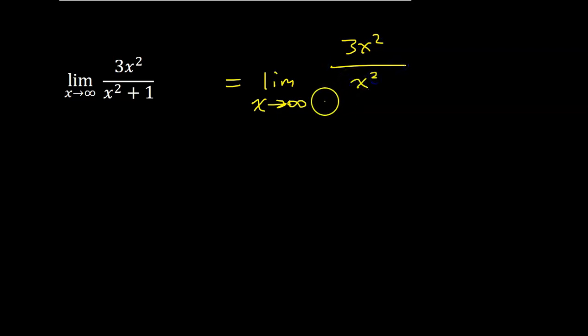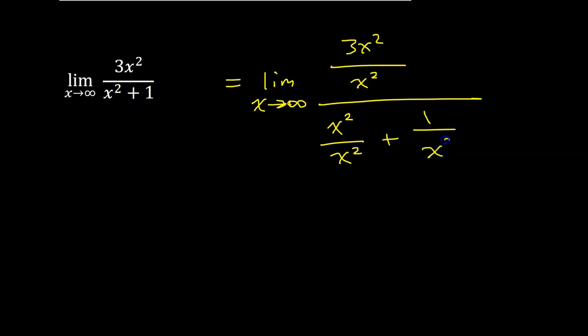I'm dividing the numerator by x squared, but then in the denominator, I'm going to have x squared divided by x squared plus 1 divided by x squared. So I took the three terms in the original function and I divided each one of them by x squared because that was the highest degree in the denominator.